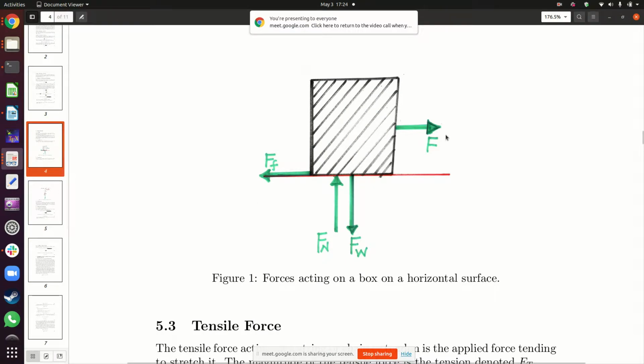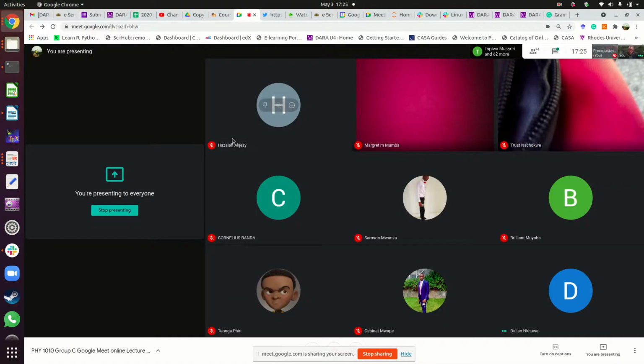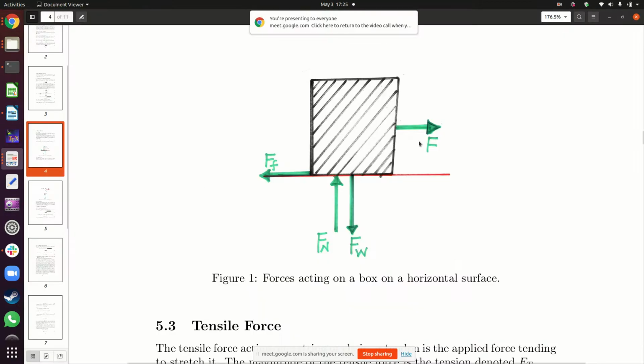Now, when you have something about to move on a flat surface, when it comes to choosing direction, I would advise that you choose the direction in which the box is moving to be the positive direction. So here you've got two directions, either this side or that side.